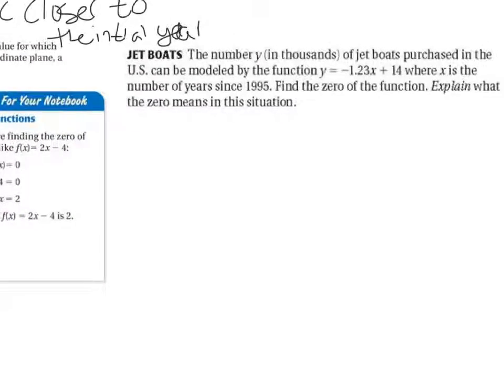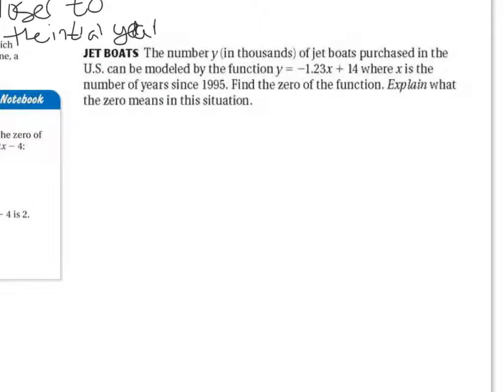It says the number y, in thousands, of jet boats purchased in the U.S. can be modeled by the function y equals negative 1.23x plus 14, where x is the number of years since 1995. Find the zero of the function. Explain what the zero means in this situation. Okay, so you say 0 equals negative 1.23x plus 14.